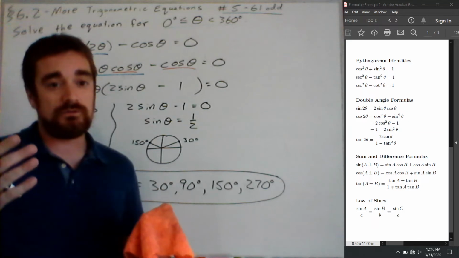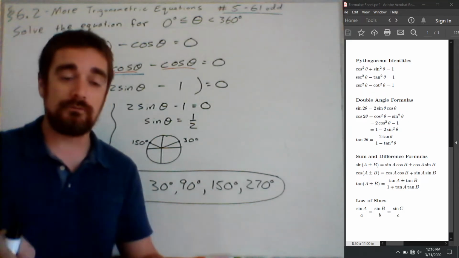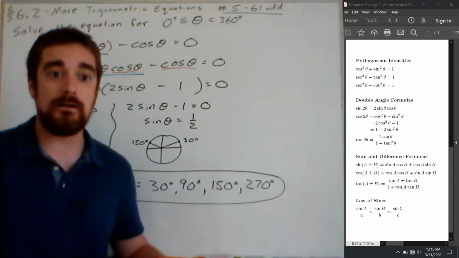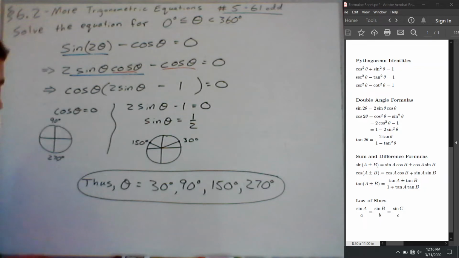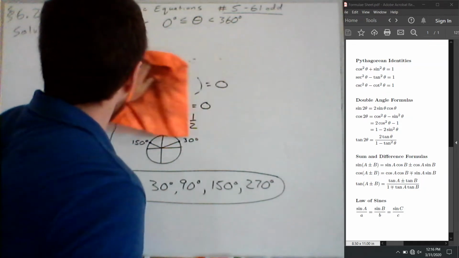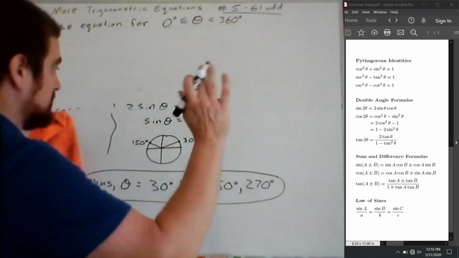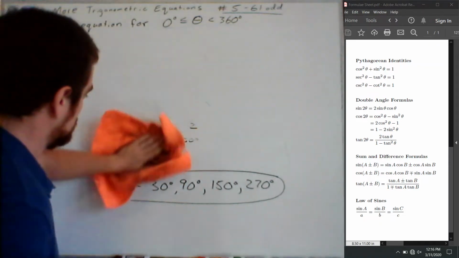So when you see that type of stuff pop up, you should be going to that formula sheet and looking for those formulas and breaking them up, be it a double angle or a half angle or whatever you see yourself staring at, product to sum, sum to product. That's a big red flag that says, hey, use me. There's a reason we have this formula, so let's use it.